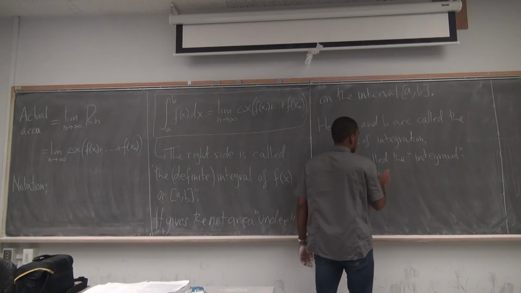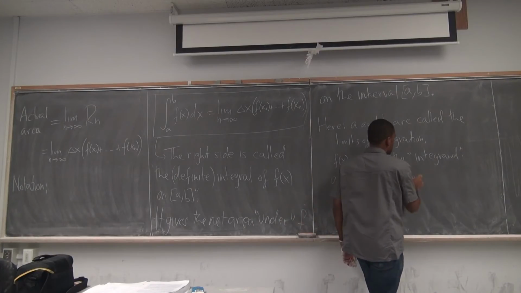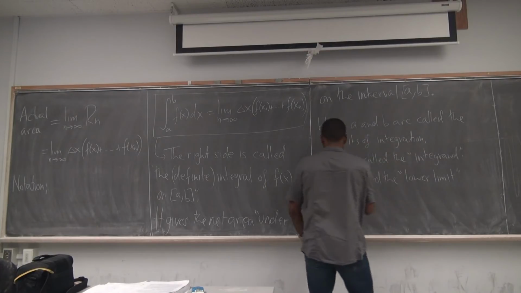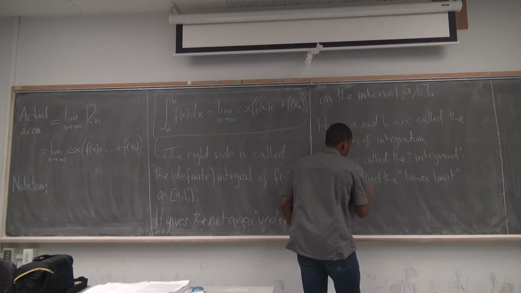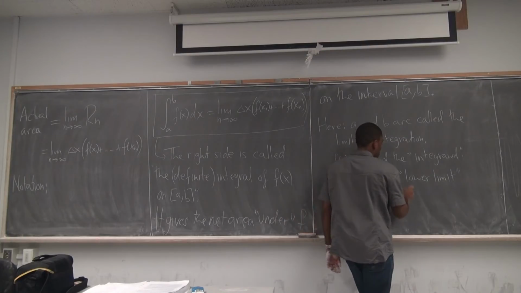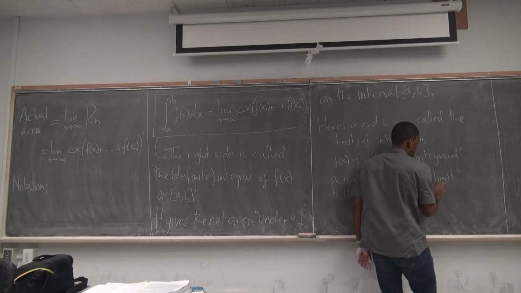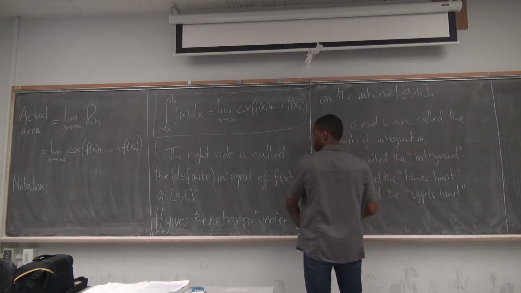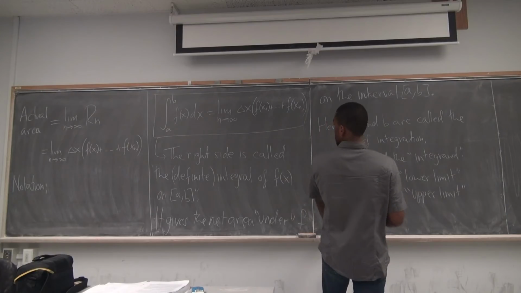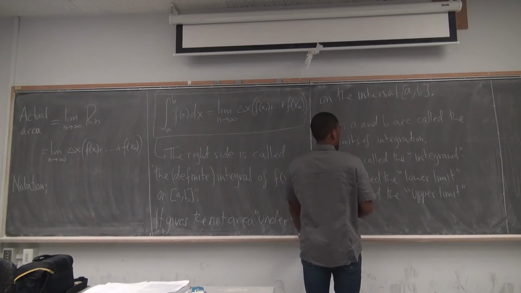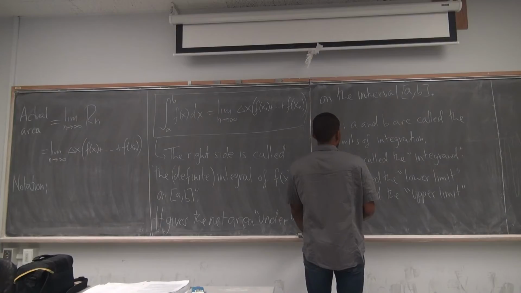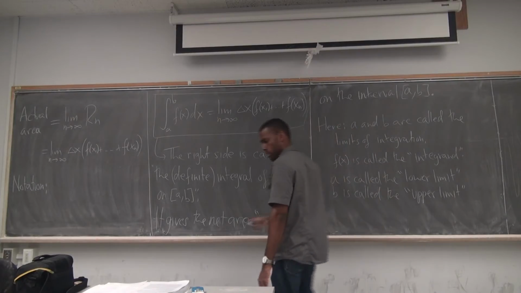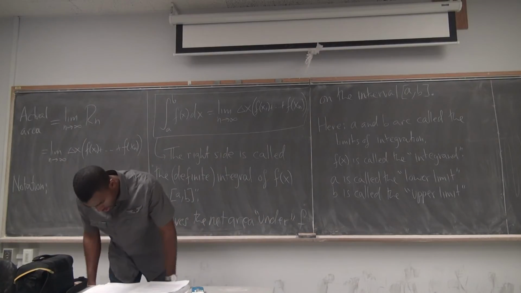A is called the lower limit. B is called the upper limit. So what I want to say, A and B are called limits of integration, integrand, upper limit, lower limit. I don't want to define anything else.